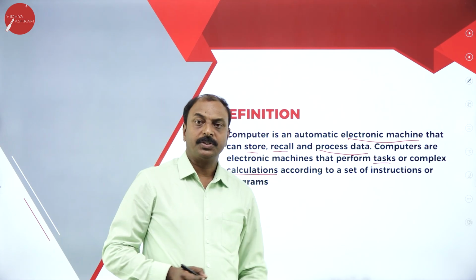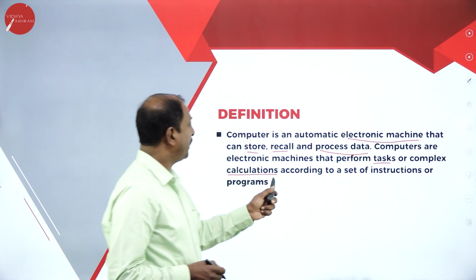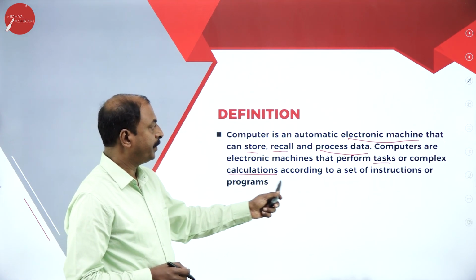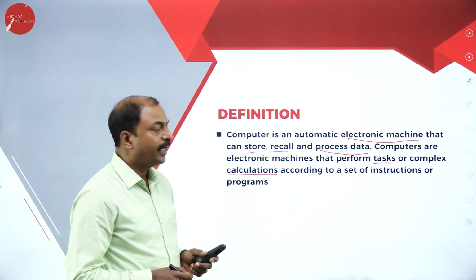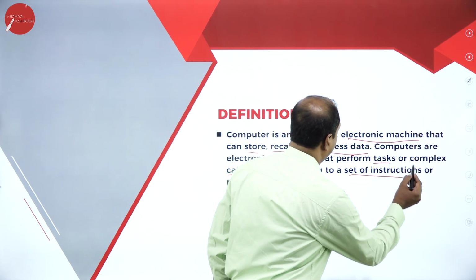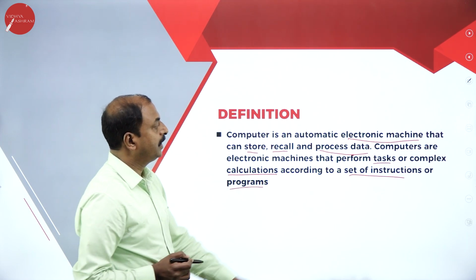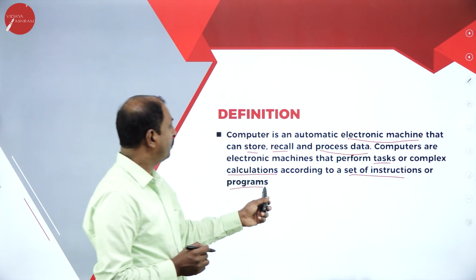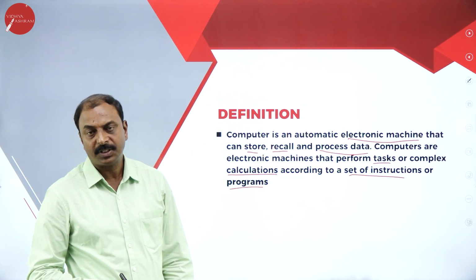Another name of processing data is that it performs complex calculations or different types of tasks, according to the set of instructions given to it, nothing but programs. Set of instructions or program. So, this is the basic definition of computer system.